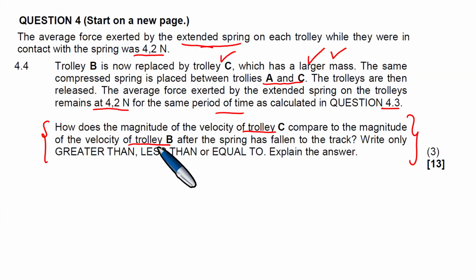How does the magnitude of the velocity of trolley C compare to the magnitude of the velocity of trolley B after the spring has fallen on the track?